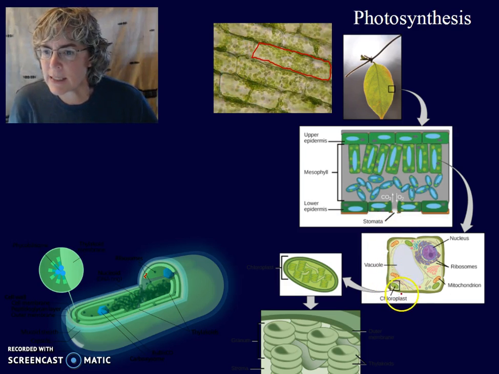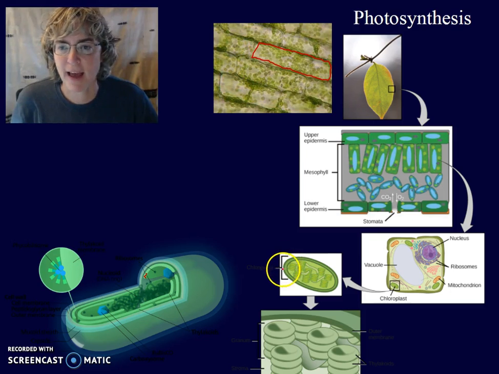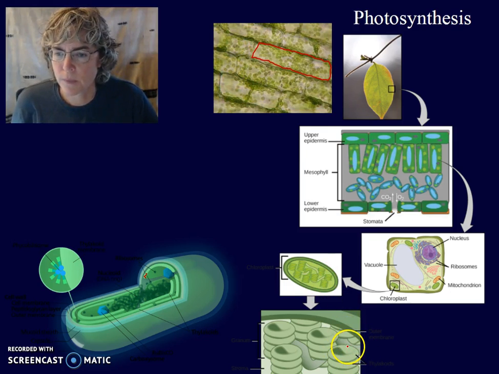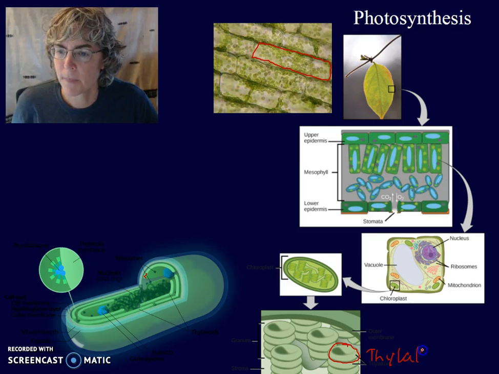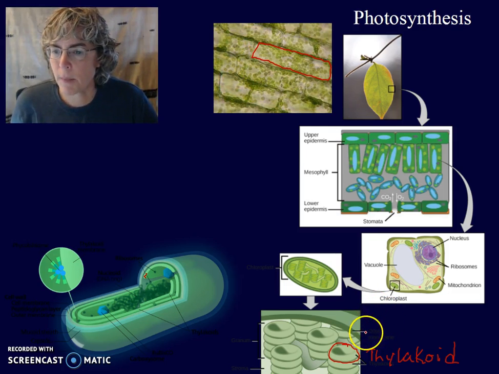So here's our plant cell right here, and you can see a little chloroplast, and then magnify that, and inside our chloroplast there are structures called thylakoids. So this is a thylakoid, and a chloroplast has a double membrane.